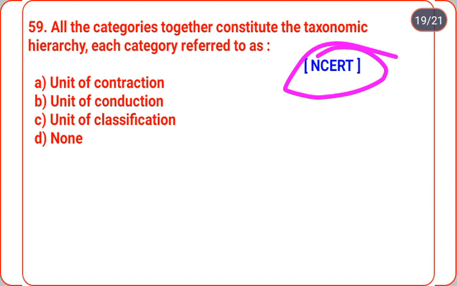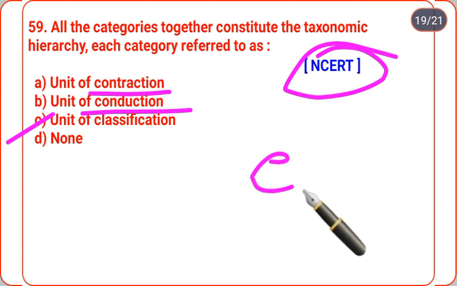The aspirant or candidate who has read the NCERT book at least one time, he or she will get the correct option. Each category is referred to as the unit of classification, not conduction, that is out of our syllabus. Option C is our correct answer.